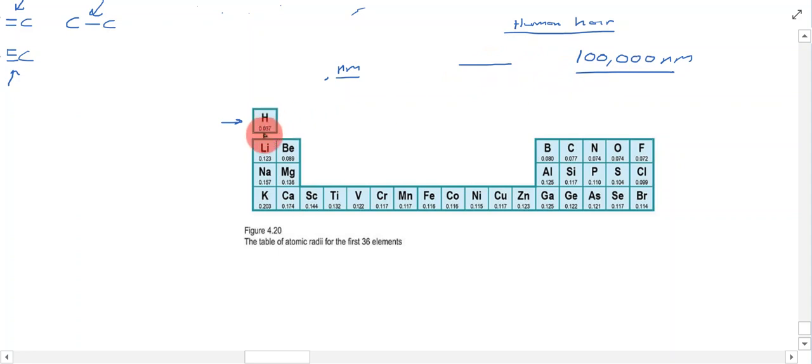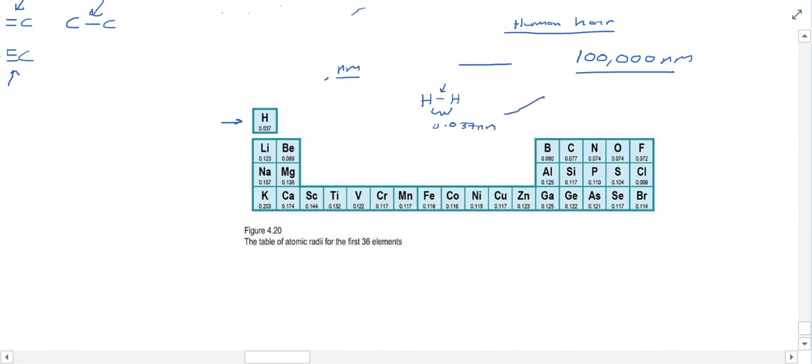If we think about the radius, say we have a hydrogen atom bonded to another hydrogen atom. This distance here, from here to here, is 0.037 nanometers.